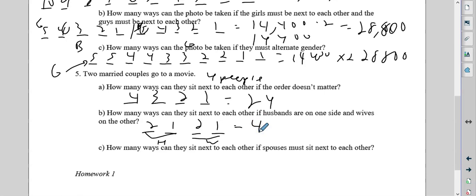But if we also put the wives on the left and the husband on the left, we'd have to multiply this by 2. So there's 8 ways. And again, if you want to show the work, you would just do it like this, where you put the wives first and the husband second. 2, 1, 2, 1. 4 and 4 is 8.